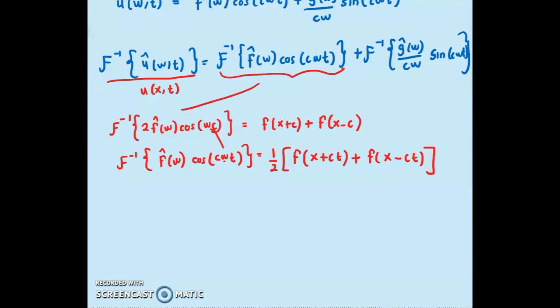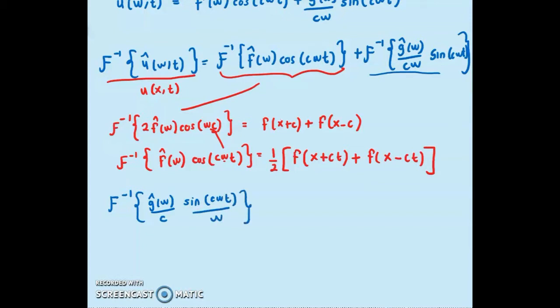But now we're going to look at this part here, the Fourier inverse transform of g hat omega over c omega. Now I want to write it in a different way, such as c sine c omega t over omega.